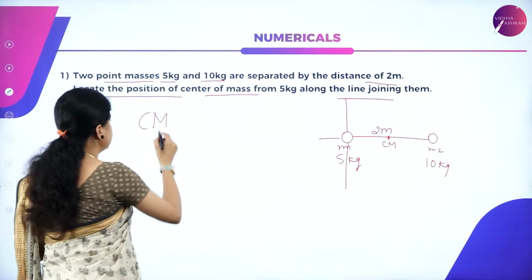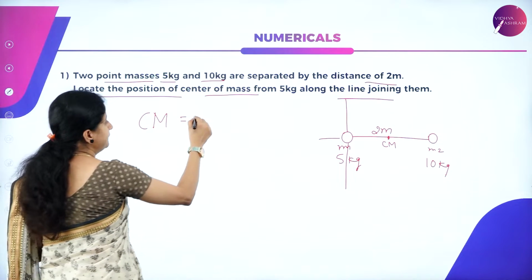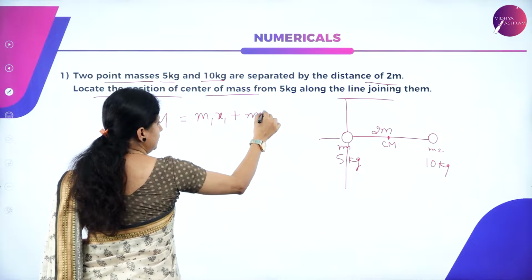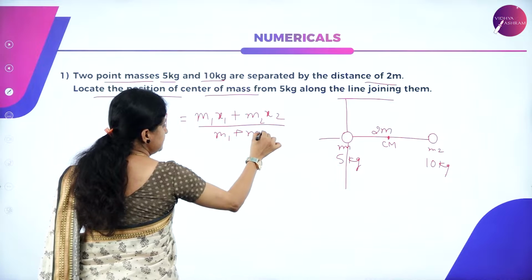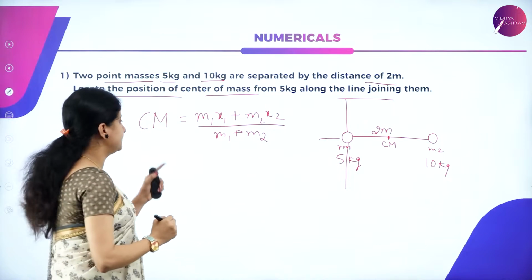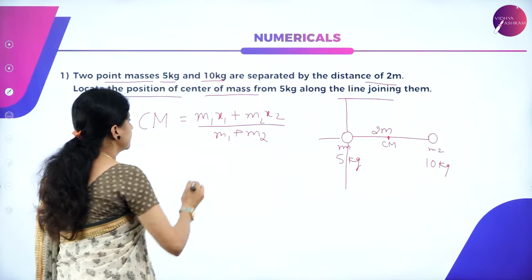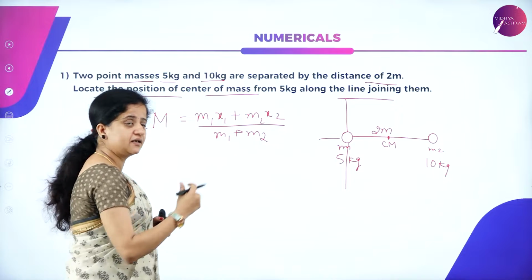As we have already discussed in our theory class, the position of center of mass can be calculated by the formula m1 x1 plus m2 x2 divided by m1 plus m2. Since we have only two masses here, I have considered m1, and x1 is nothing but the distance of m1 from the origin, and m2 is the mass of the other object.